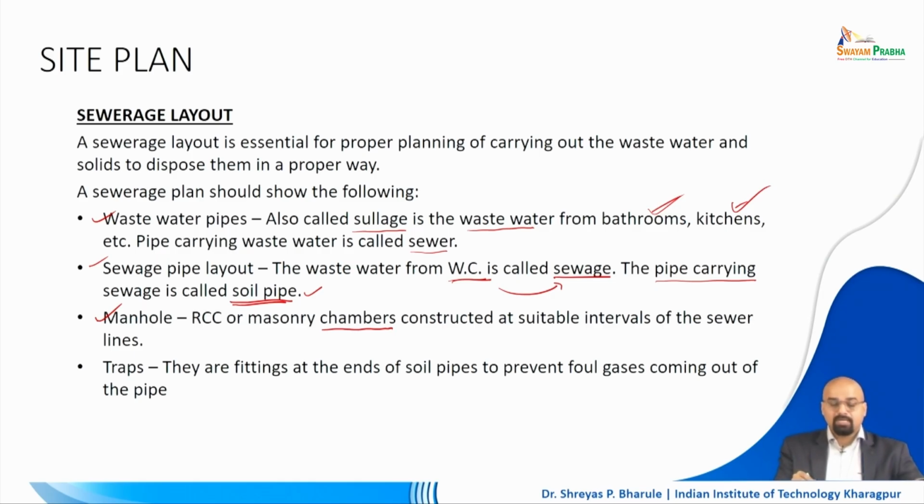In that case, it may contaminate your inlet water supply as well, and your wastewater, sewage water and all different kinds of utilities may get intermingled or contaminated because of the drainage being burst, right. So the masonry chambers or manholes help you do cleaning.